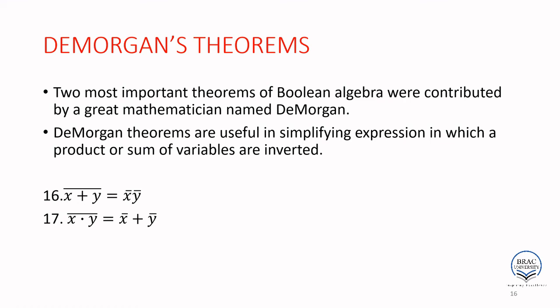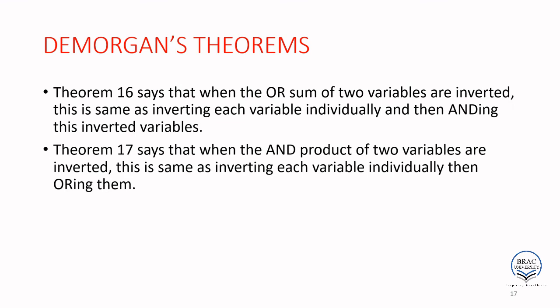This dot becomes this OR. Theorem 16 says that when the OR sum of two variables is inverted, this is the same as inverting each variable individually and then ANDing the inverted variables. Theorem 17 says when the AND product of two variables is inverted, this is the same as inverting each variable individually, then ORing them.